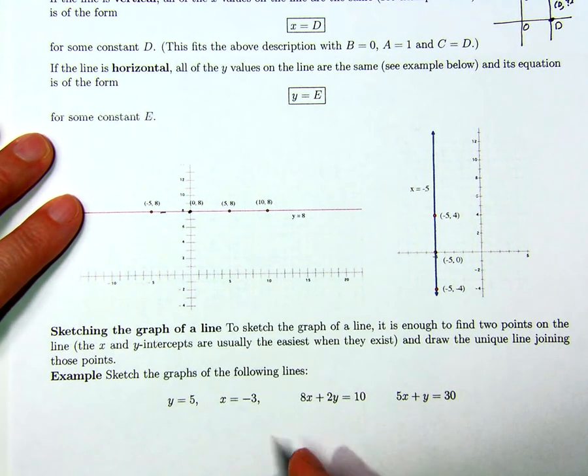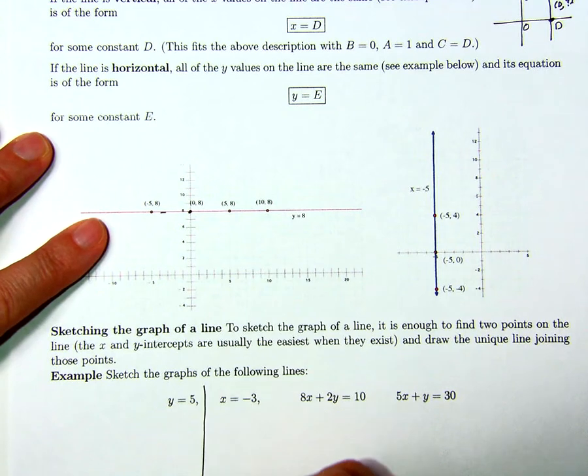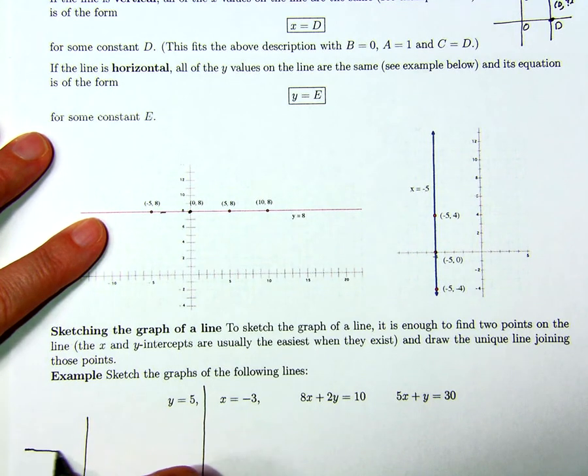Well, again, as I said, it's good to remember that something of the form y equals 5 is a horizontal line, and it's just all of the points in the plane where the y values are 5.